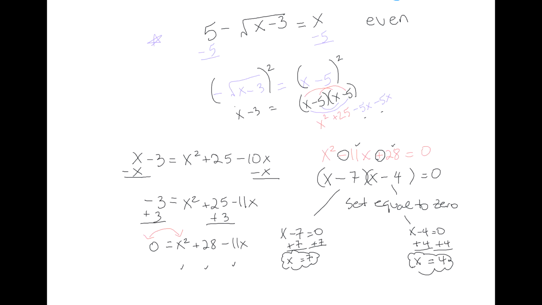I know I'll have two answers because my highest degree exponent is 2. Yeah, that was much, much longer than the first one. But I don't think you'll have anything that difficult on the test. There's a lot of steps.